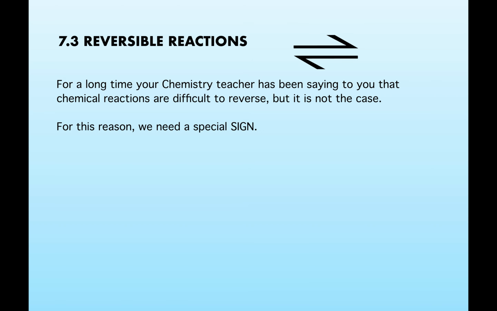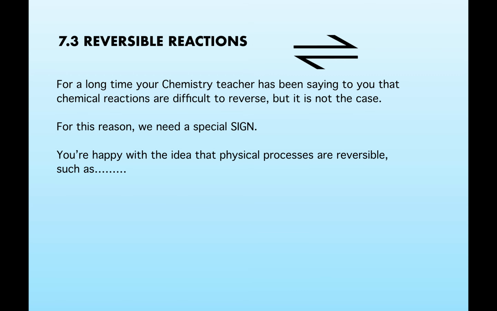Instead of using the arrow, we use this two-way arrow to imply that the reaction can go and does go forward and in reverse simultaneously. You're okay with this idea because with physical processes, like melting, you know that if you raise the temperature, it melts.